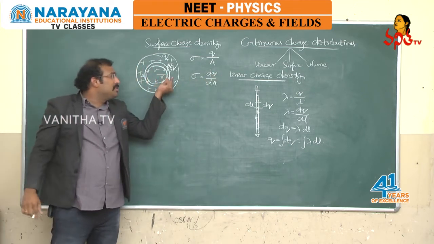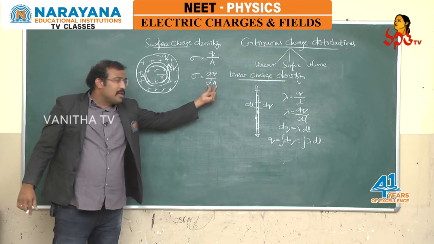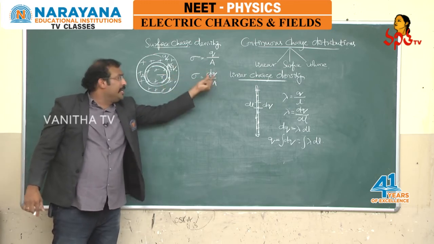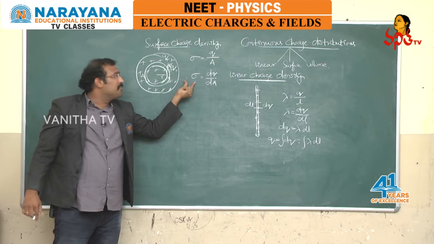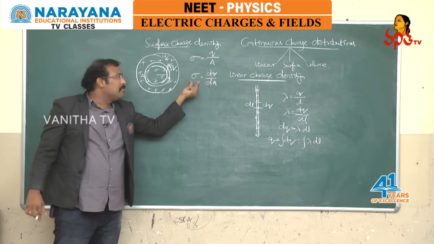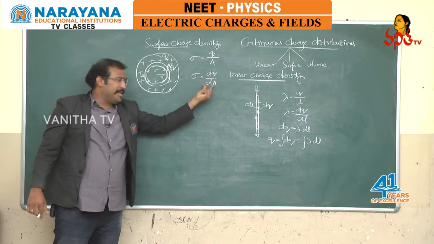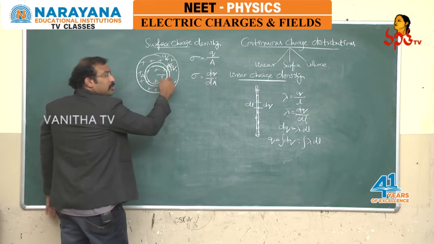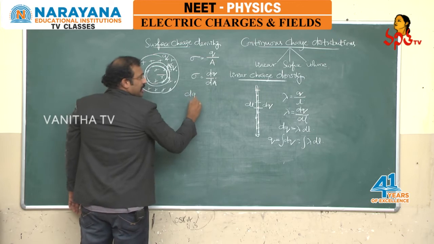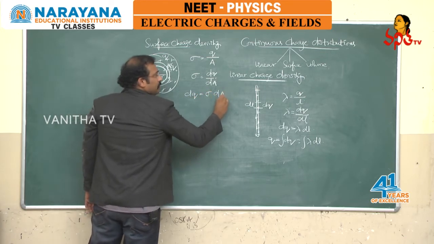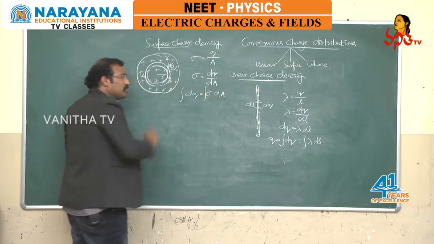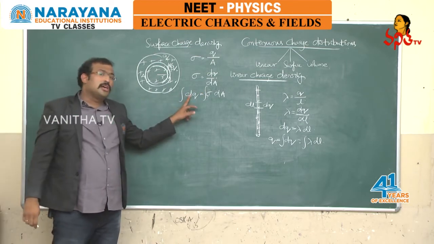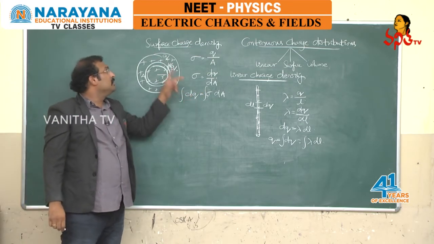So for a small element of area dA, the charge present on it is dq. Then the surface charge density for the small element is sigma equal to dq by dA, charge per unit area. Now the total charge present on the disk can be written as dq is equal to sigma into dA. We will integrate it on both sides to get the total charge present on the charged disk.